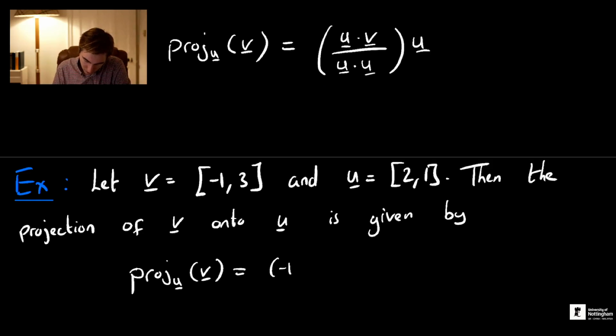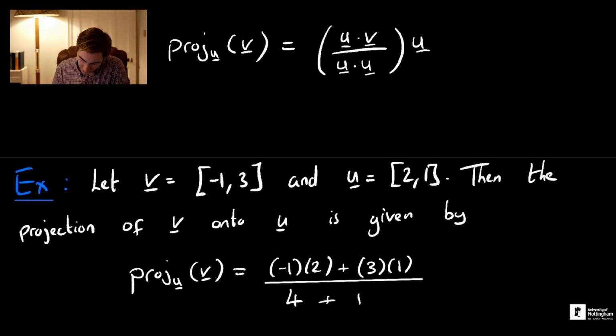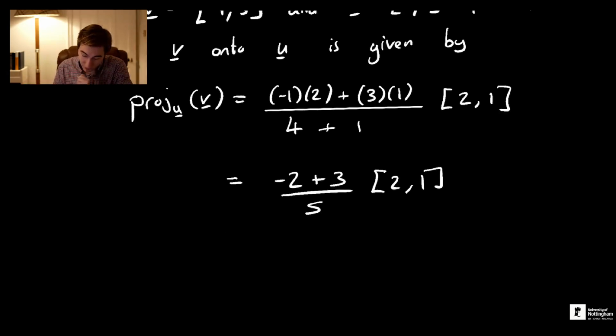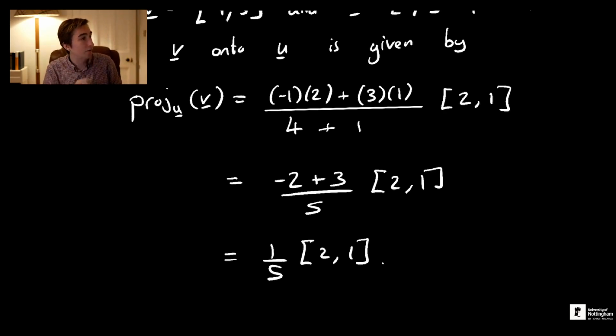That's going to give us -1 times 2 plus 3 times 1, all over u dot u, which in other words is 4 plus 1. And we multiply it by the vector u, which is 2, 1. So what does this give? On the top, we've got -2 plus 3, over 5, times 2, 1. And 3 minus 2 is 1. So in other words, we have 1/5 times the vector 2, 1. So that's what we mean by the projection of v onto u.